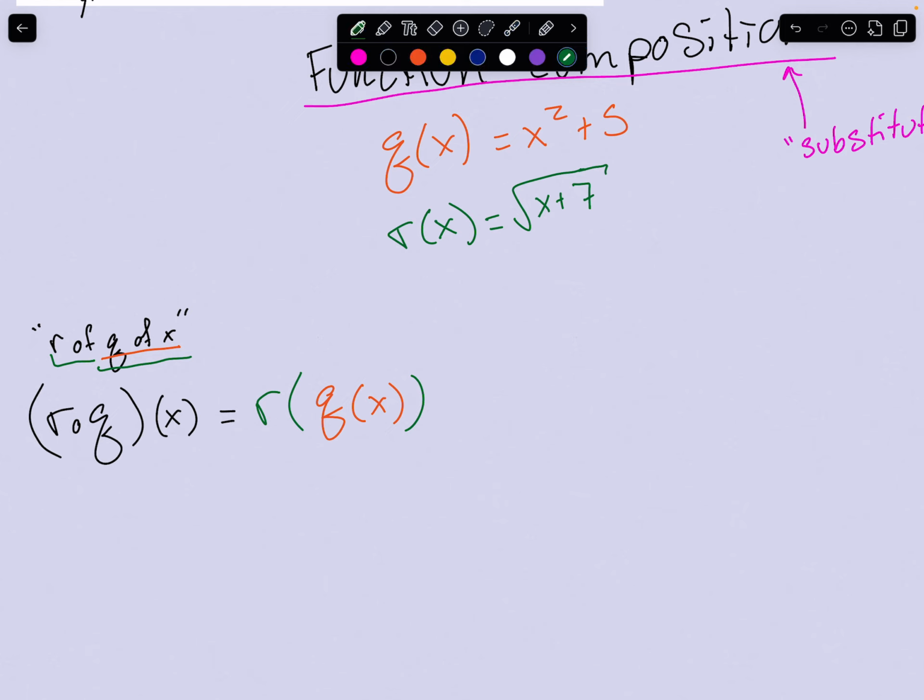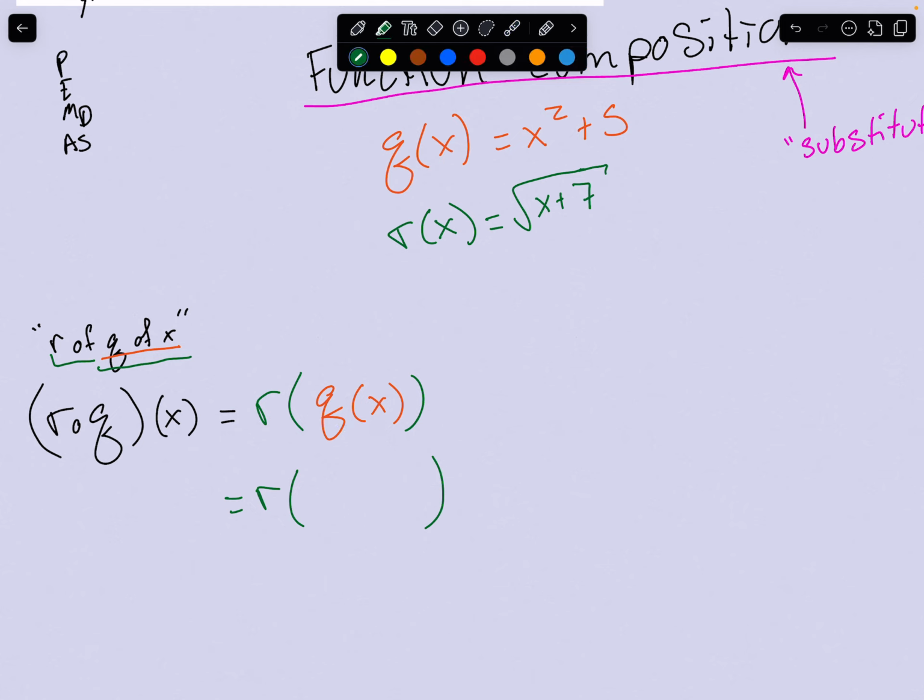Okay, so we're just going to substitute. Remember, when you're doing PEMDAS, it says go to the parentheses first, the innermost parentheses. So we're going to the innermost parentheses. There's nothing to simplify with x, so x is x. Okay, so q of x.